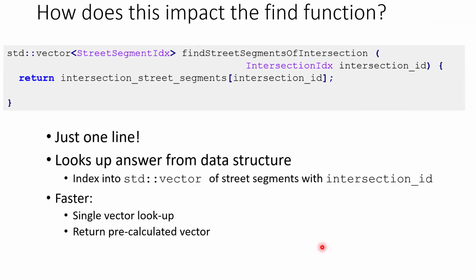And then the find function is just one line: return intersection street segments, intersection ID. So the time complexity for this is O(1).